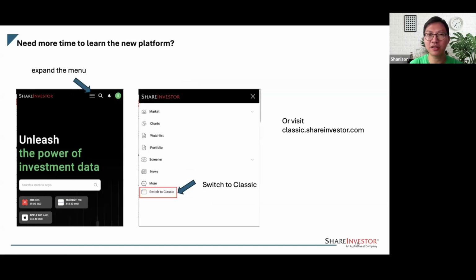Some members called us saying they cannot find the switch to classic button. I realized it is because they zoomed in on the browser, and once you zoom in it becomes mobile responsive, so it shows this view. If you are using a mobile phone, click on the three dash lines, the menu button, and the drop down will allow you to switch to classic.